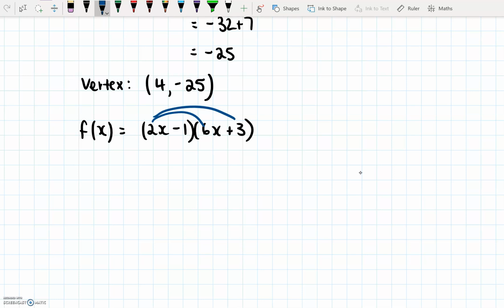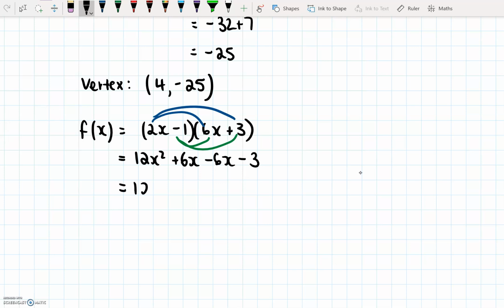Okay, so here we're going to get 12x squared plus 6x, okay, and we can do the underneath, and we get minus 6x, and then minus 3, and that's quite interesting.